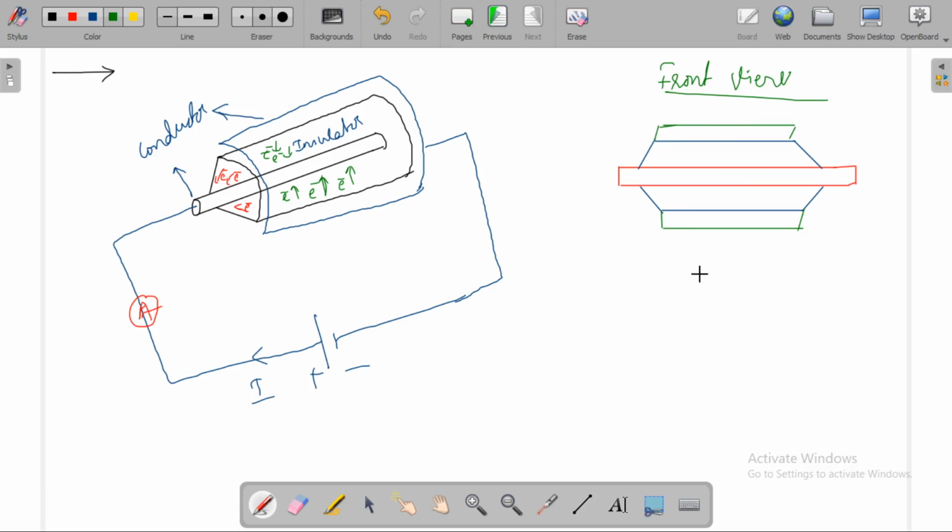Now electrons are flowing through the volume, like this. Now we apply voltage.